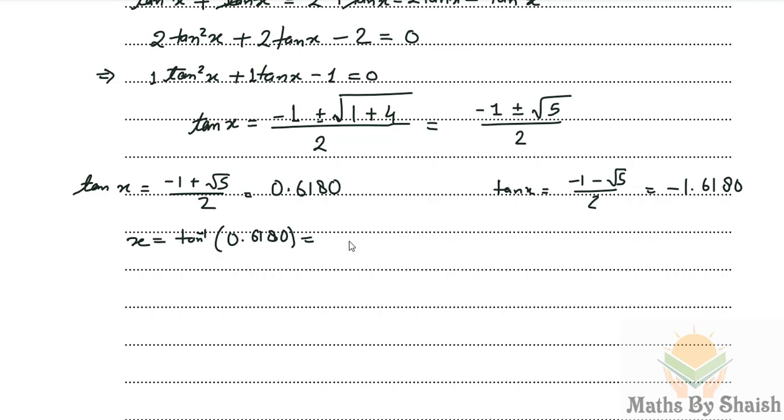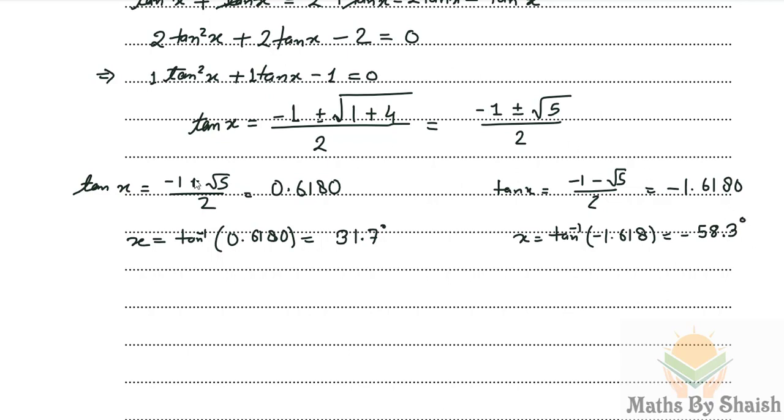This value is coming 31.716, so 31.7 till 1 decimal place. And from here we get x equals tan inverse of minus 1.618. So this is going to be coming minus 58.28, so it becomes minus 58.3 degree.